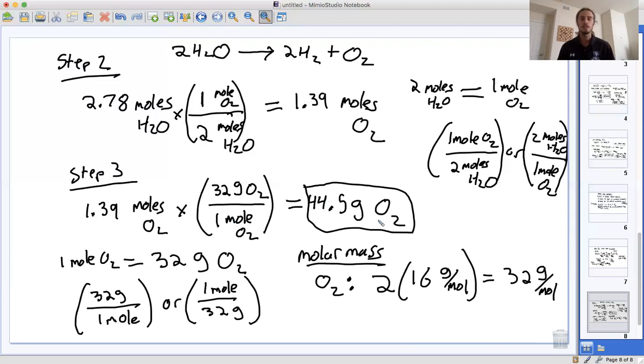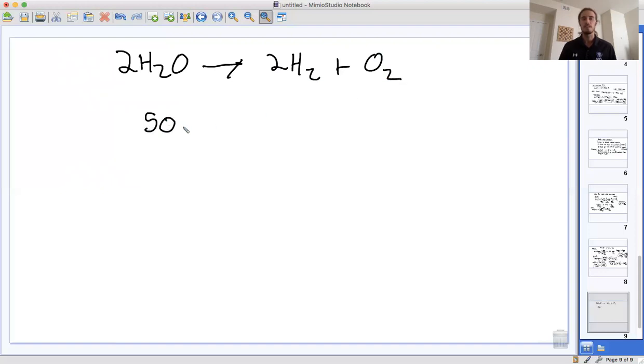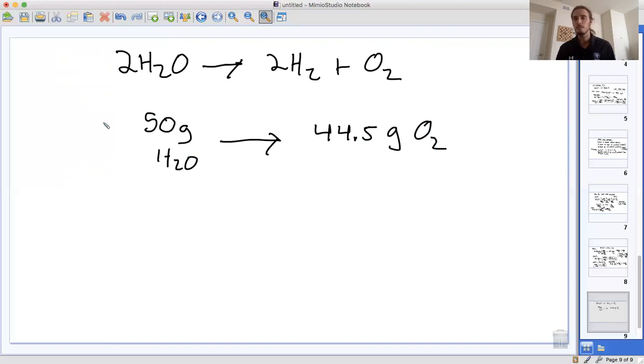Now, does this also make sense from the context of the reaction? Does it make sense that 50 grams of water makes 44.5 grams of O2? Is it at least possible? Is it plausible?